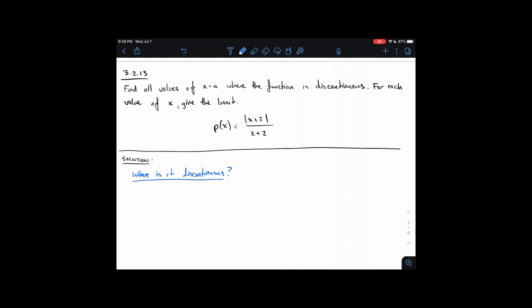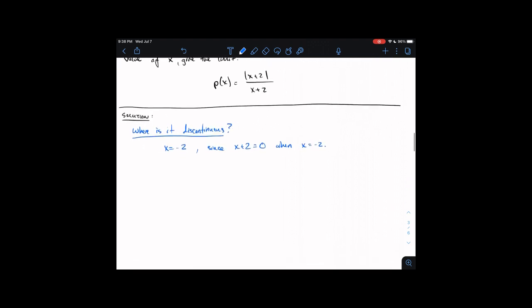When we have these discontinuities, we want single points, and that's always going to be 0 in the denominator. So here our 0 is x equals -2, since x plus 2 is 0. You take -2 plus 2, you get 0.